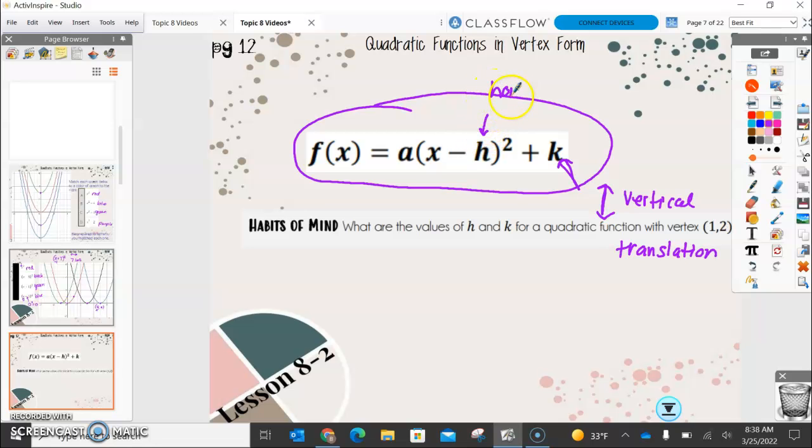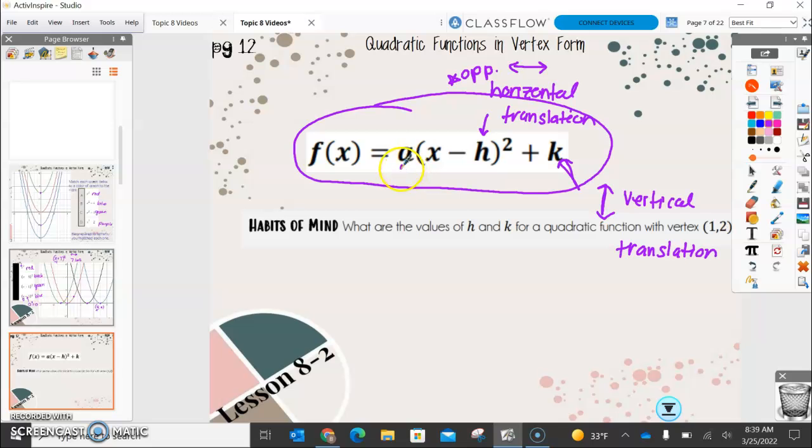It's a horizontal translation. Translation just means to move, so it means we're moving the graph. And so horizontal would be left and right. Now, it is important to remember that this is going to be your opposite. It's going to make you feel opposite. When you say if it's a minus 2, it's going to move to the right 2.